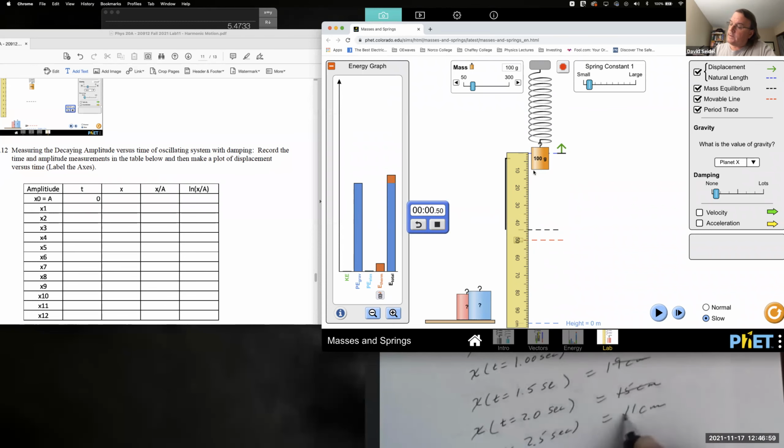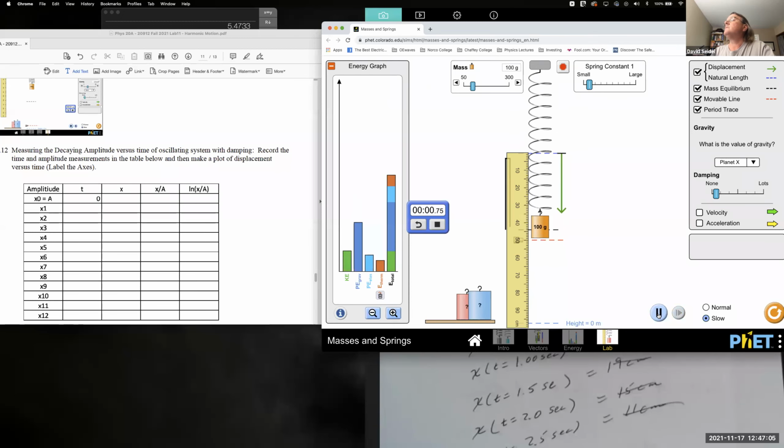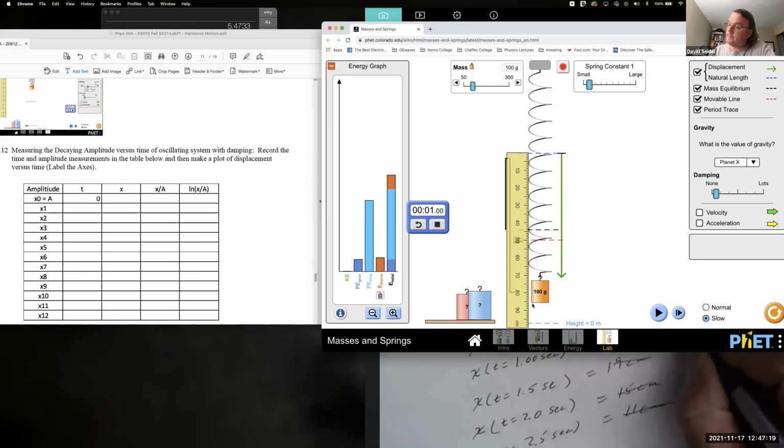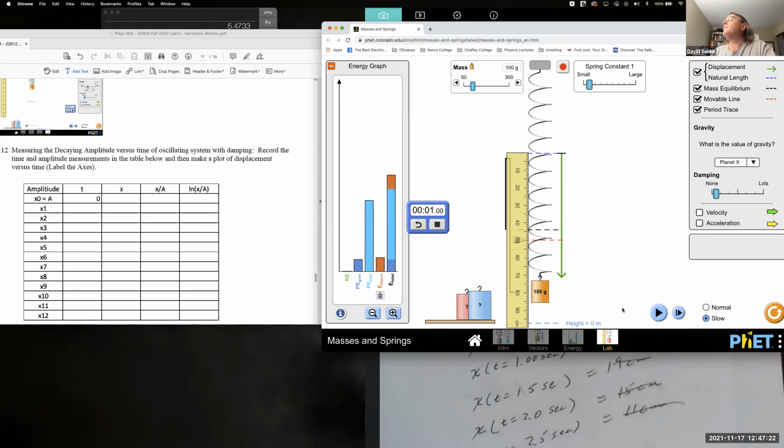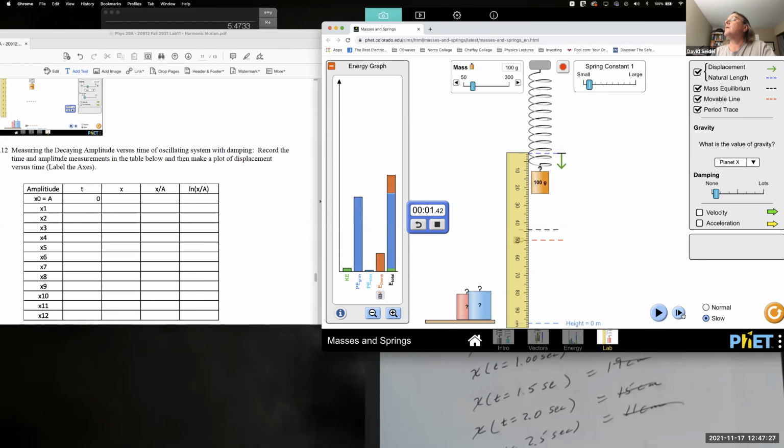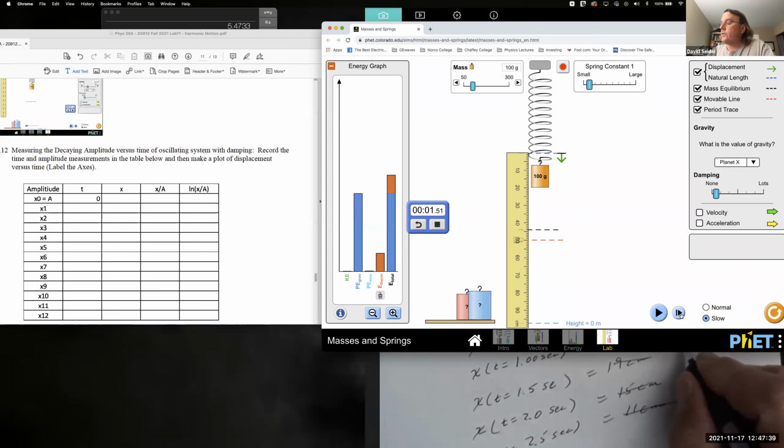I want to do these so that we're at the same thing. Now I'm going to go to the other side. Now I've got 10, 20, 36. Up to the other side. Call it 30.